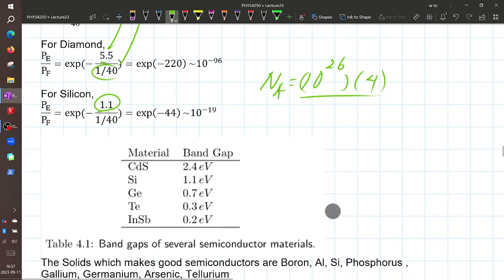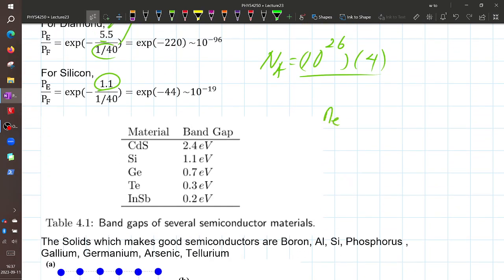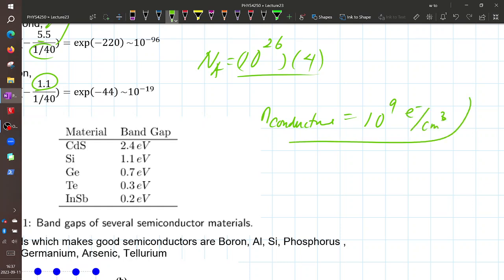So that means the number of conductive electrons, and there are some factors that I'm not going to force you to calculate, is around 10 to the 9 electrons per cubic centimeter. The thing to note is that this is for silicon.